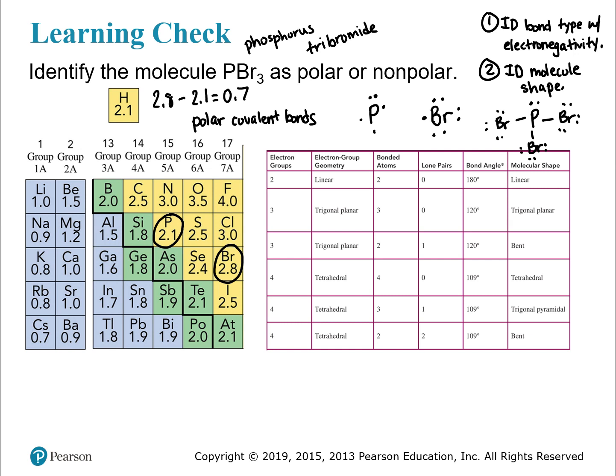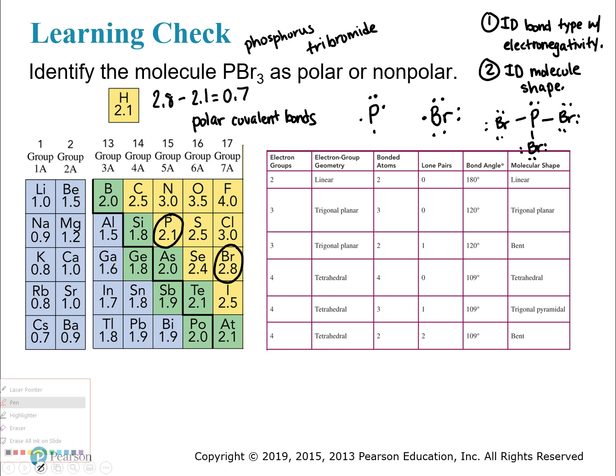All right. So we are still identifying the molecule shape. We figured out the Lewis structure, and now we need to figure out how to call the shape for this molecule. In this molecule, we have 3 bonded atoms, and we've also got 1 lone pair.